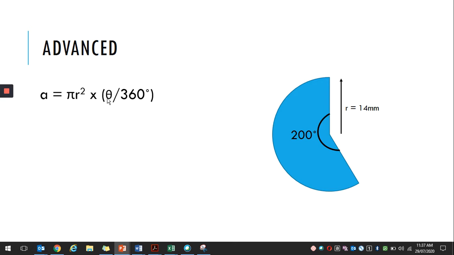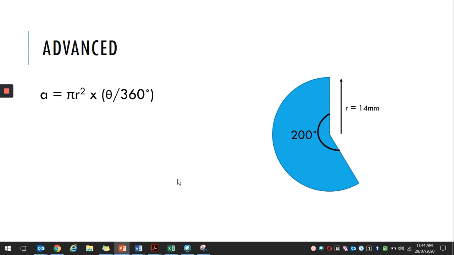This symbol here is called theta. In maths, we often use it as a symbol for an unknown angle. In this case, that's going to be something that we substitute. So the two values that we're going to substitute are my radius into where r is there, and my angle, my theta, I'm going to substitute for 200 degrees.